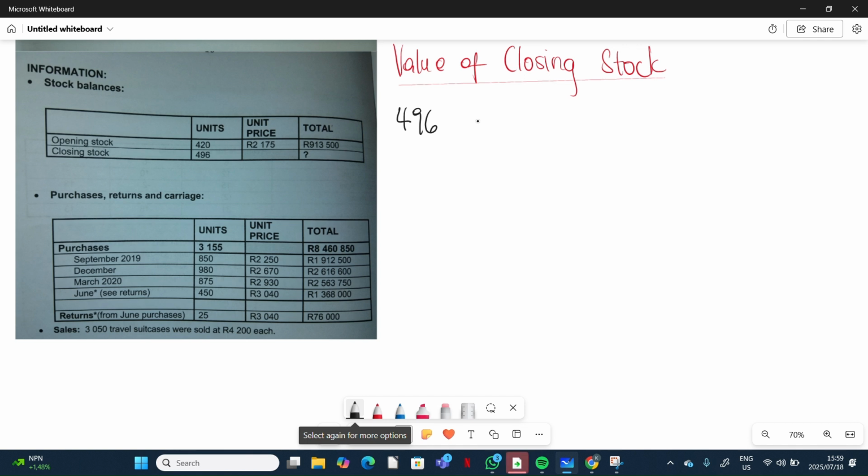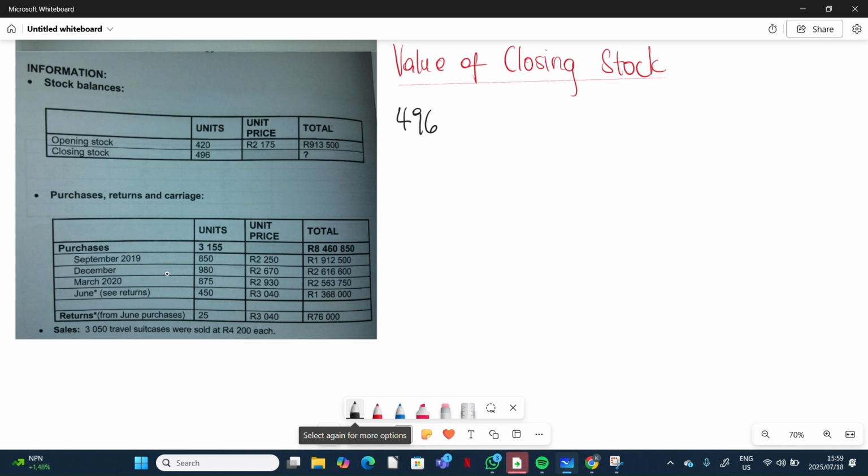But there are purchases that they made. For us to get the value of the closing stock, we need to subtract the purchases. My bad, not March, for June. We need to subtract the purchases that they made for June.